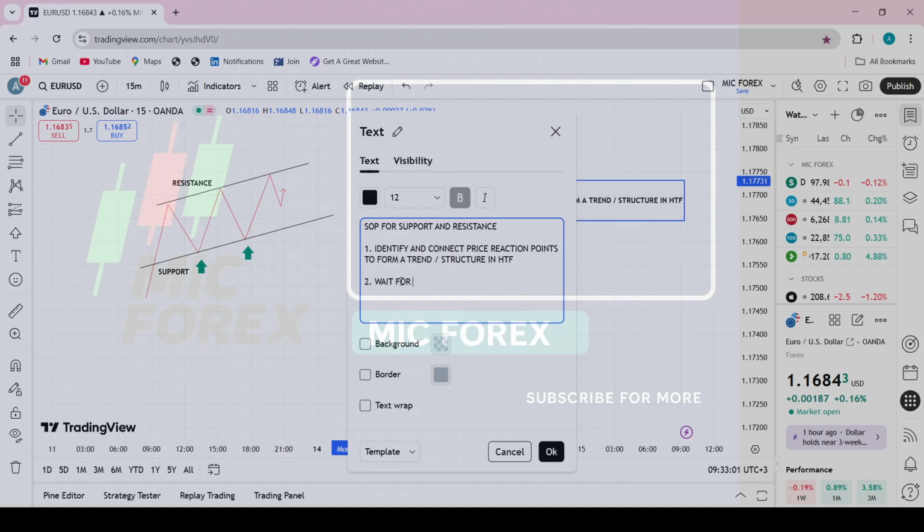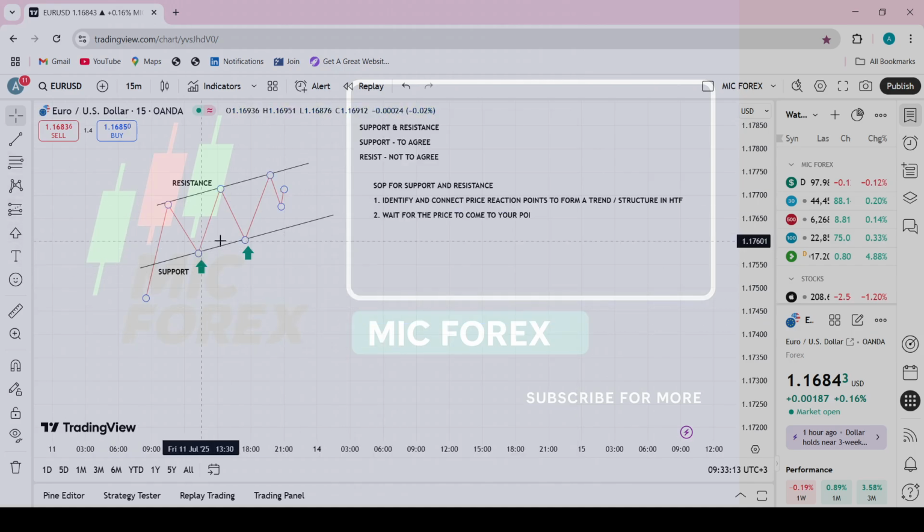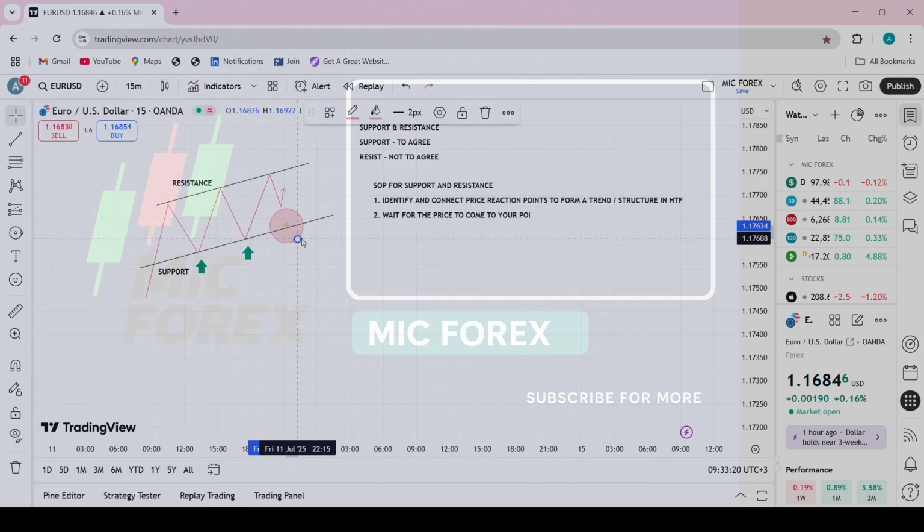So wait for the price to come to your POI. POI means point of interest, and our point of interest, we remember we've already drawn this trend line and we are waiting for the market at this point. So this is our point of interest. It might touch even here, but it might even touch after 2-3 days.